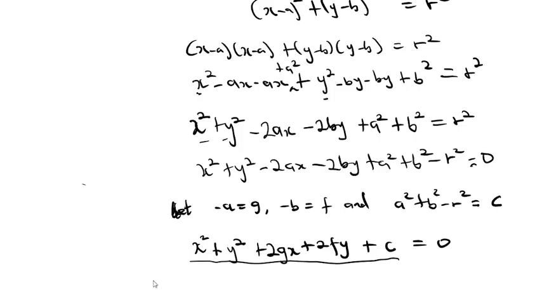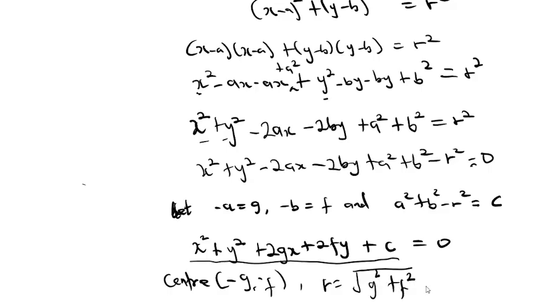Now let's look at something here. The center of the circle is given by negative g, negative f, right? So when you are given the equation of a circle, you can compare to get negative g, negative f as the center. Then the radius is given by the square root of g squared plus f squared minus c, right?